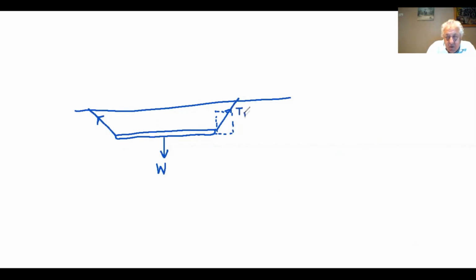If this is tension T1, this is tension T2, call this theta, call this phi, this will be T1, this will be T1 cos phi, this will be T1 sin phi, this will be T2 cos theta, this one will be T2 sin theta.